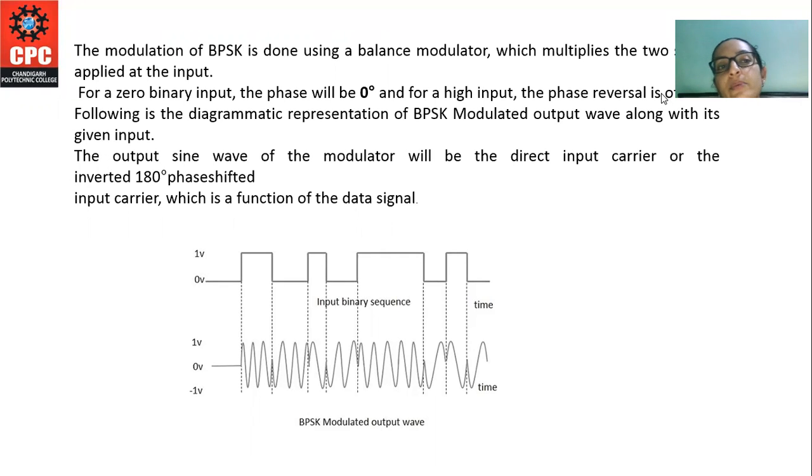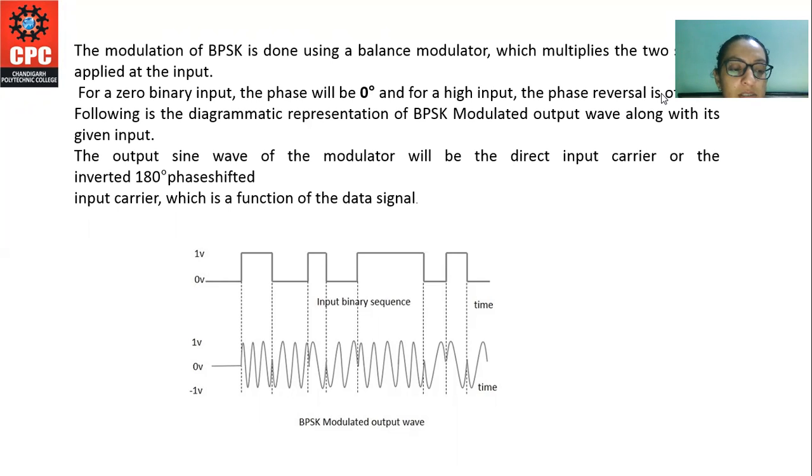The modulation of BPSK is done by using the balanced modulator, which multiplies the two signals applied at the input. So for a zero binary input, the phase will be 0, and for a high input, the phase reversal will be 1. The diagram representation is shown on your screens. The output sine wave of the modulator will be the direct input carrier or the inverted 180-degree phase shifted input carrier, which is a function of the data signal.